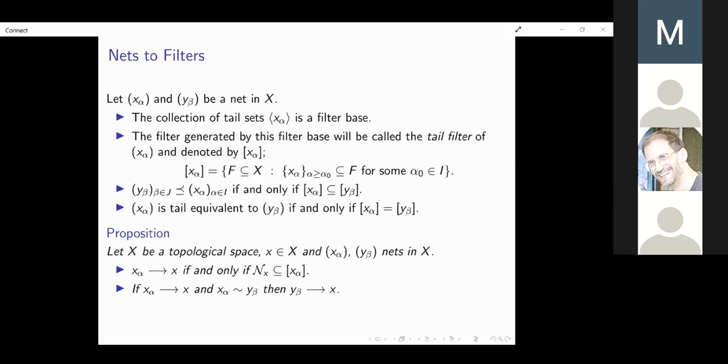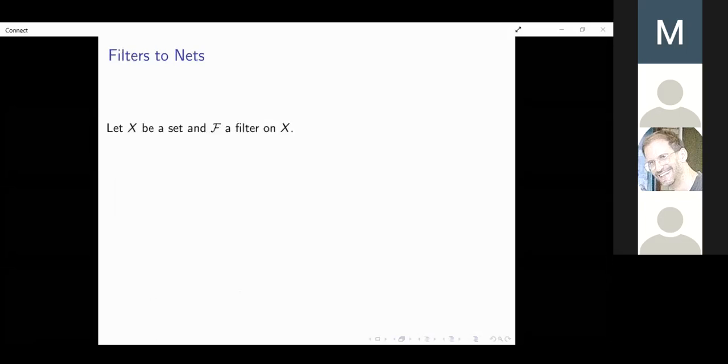So this tells us that convergence is a tail property. The actual ordering on the index set doesn't matter. It is only the tail behavior of the net that determines its convergence properties. Okay, so this is how we go from nets to filters.